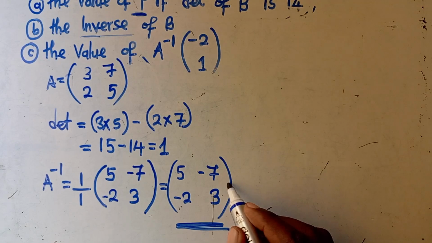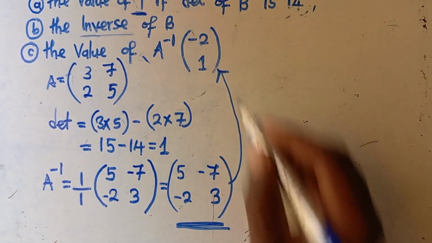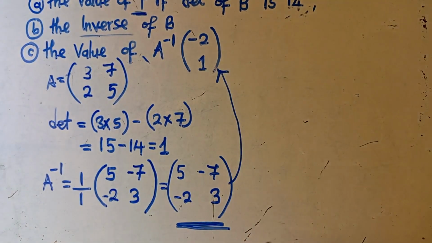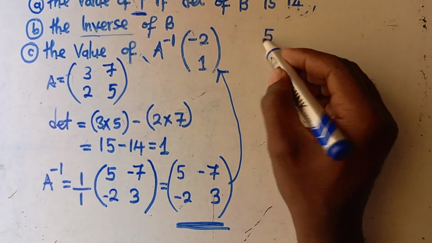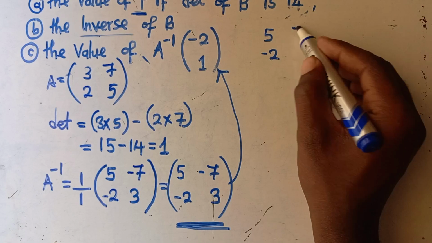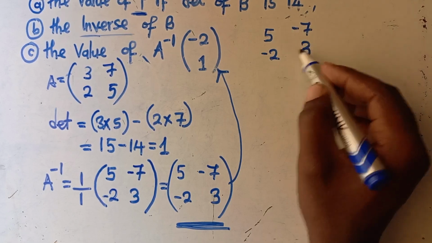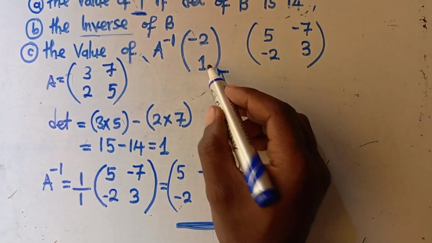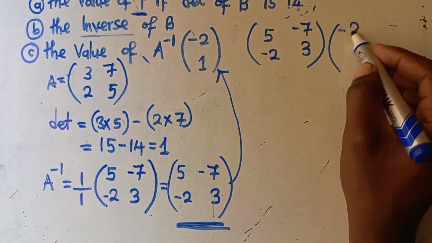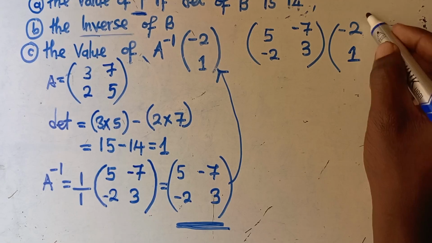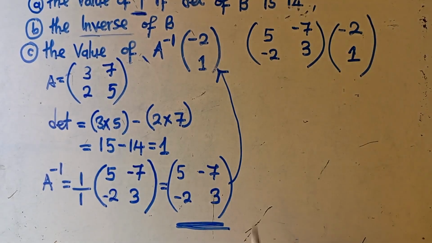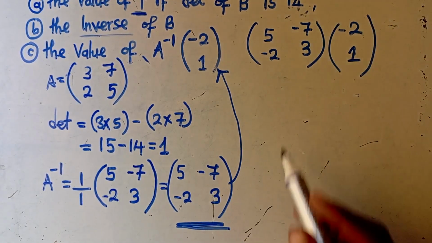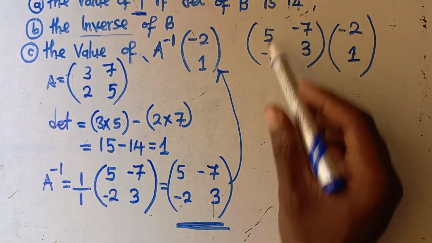I'm going to get this one now and multiply it with that one. So I'm going to say 5, negative 2, negative 7, 3. Then I multiply this with this one, that is negative 2 and a 1 there. So what am I going to do? I say, okay, row by column.